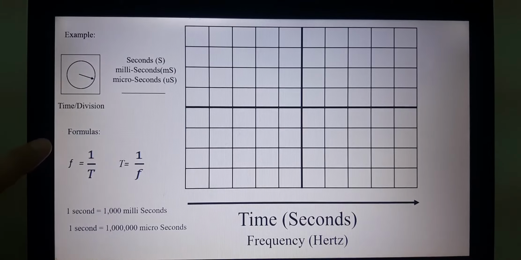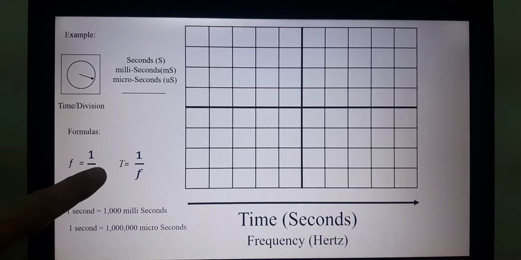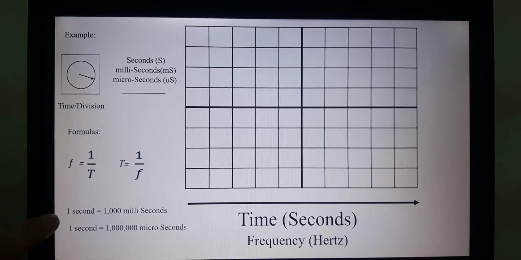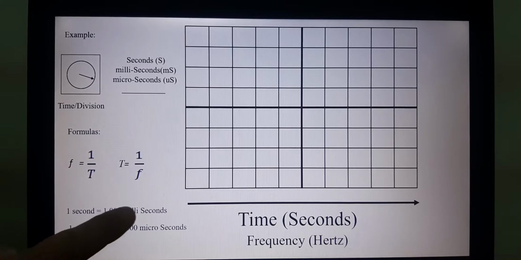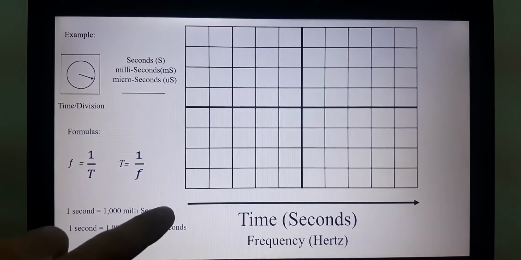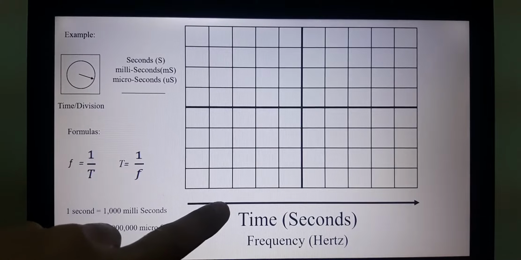And also, we need to concentrate on the following formulas: frequency, or f, is equal to 1 over T, which is time, or time is equal to 1 over f, or 1 divided by frequency. Then, here are some transmutations, for example, 1 second is equal to 1,000 milliseconds, or 1 second is equal to 1 million microseconds. The horizontal axis represents the time in seconds, and is also very important in computing for the frequency.